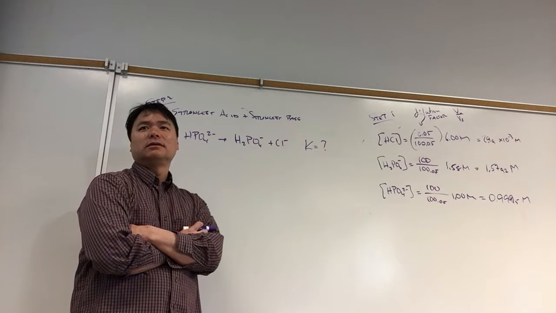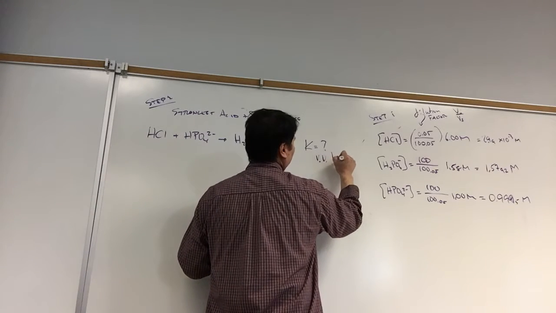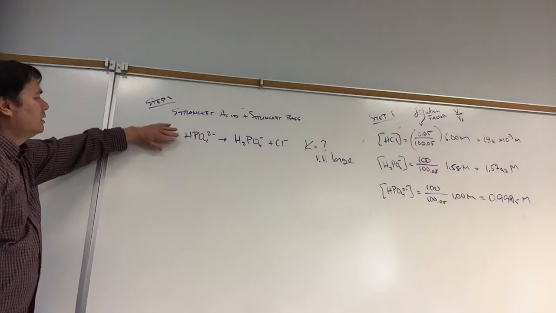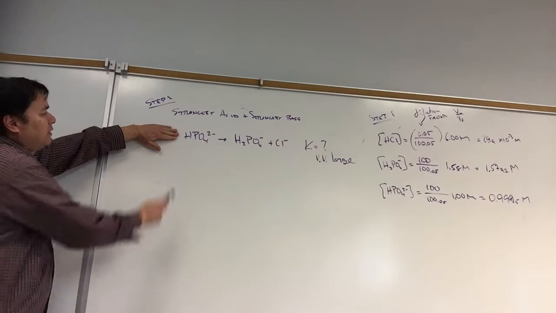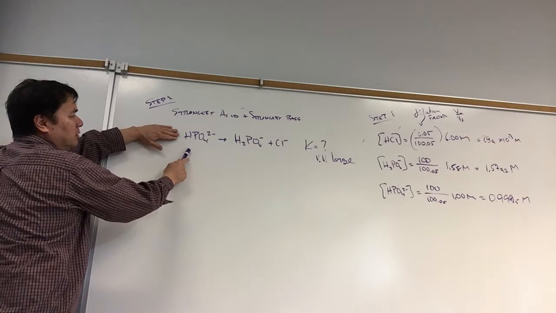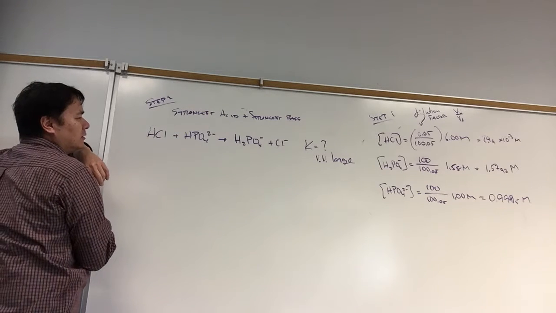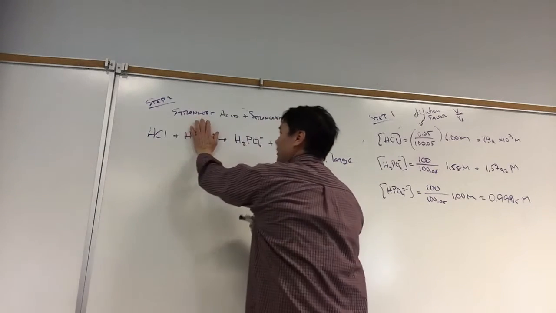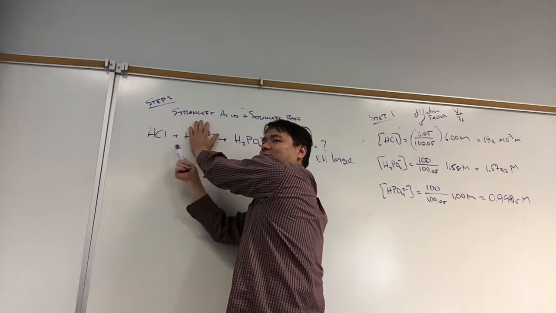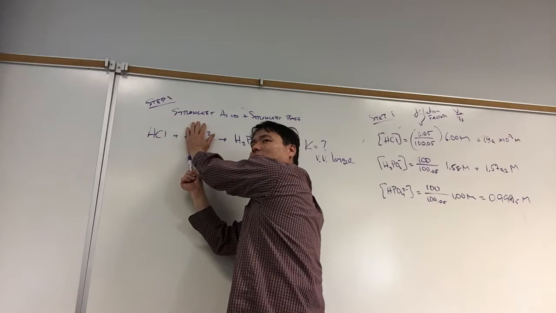No. It's very, very large. Why not just very large? Because of this. If I take this base plus water, I don't know what the KB for that is. So let's go to this acid. If I take this acid plus water, that's called Ka. And I know this acid plus water, the Ka is very large.